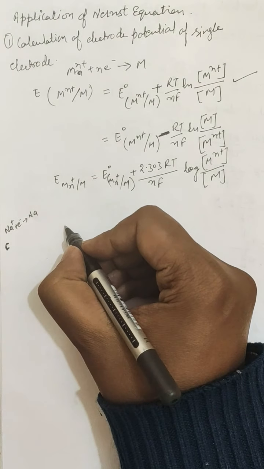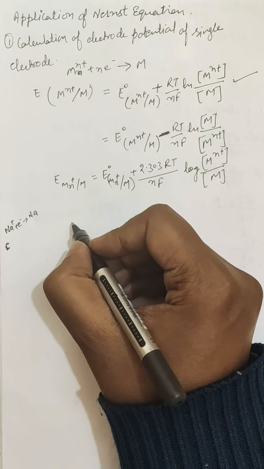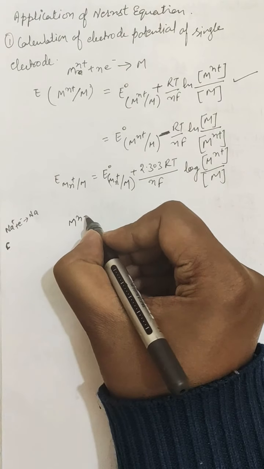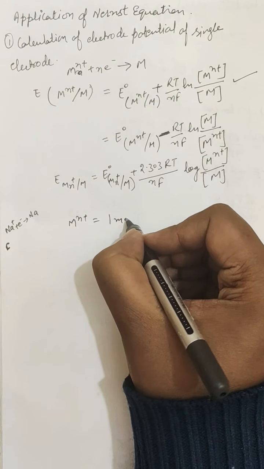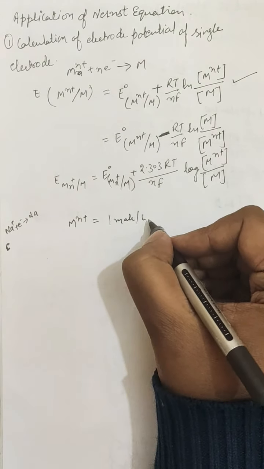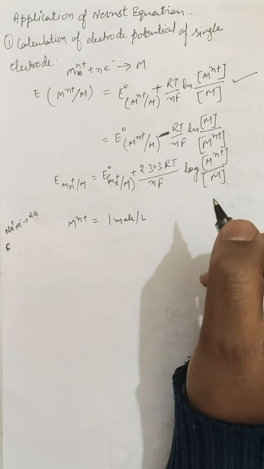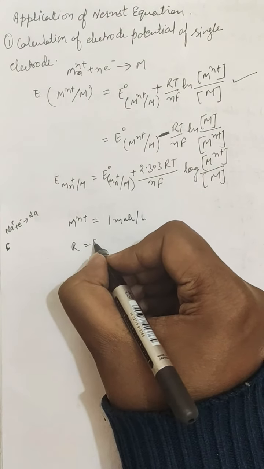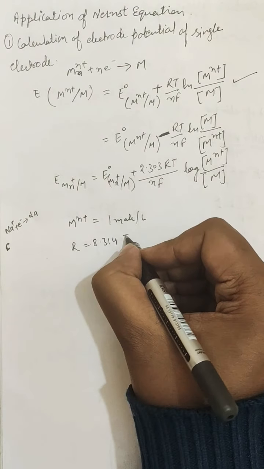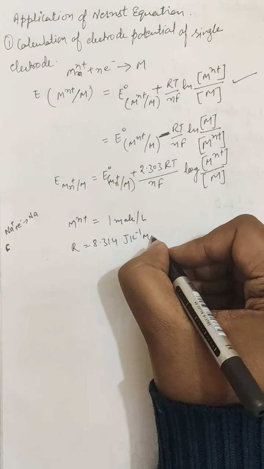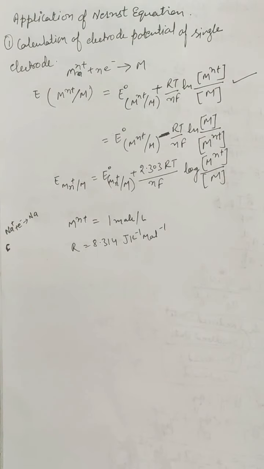So what I am saying is that suppose the concentration of M^n+ is 1 mole per liter and the value of R is 8.314 joule per Kelvin per mole.